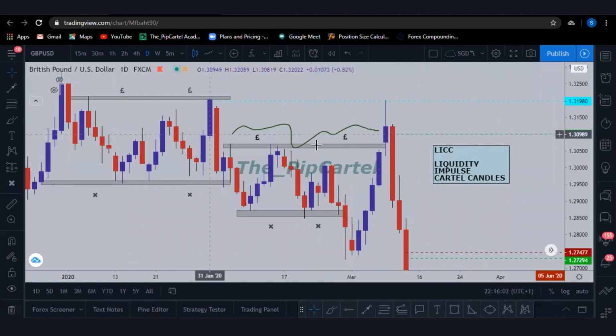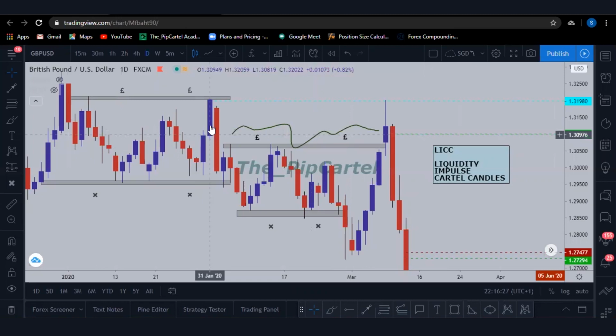The cartel candle, in a sell scenario at resistance, is basically the last candle in the zone before the liquidity zone, the last bullish candle before the down move.